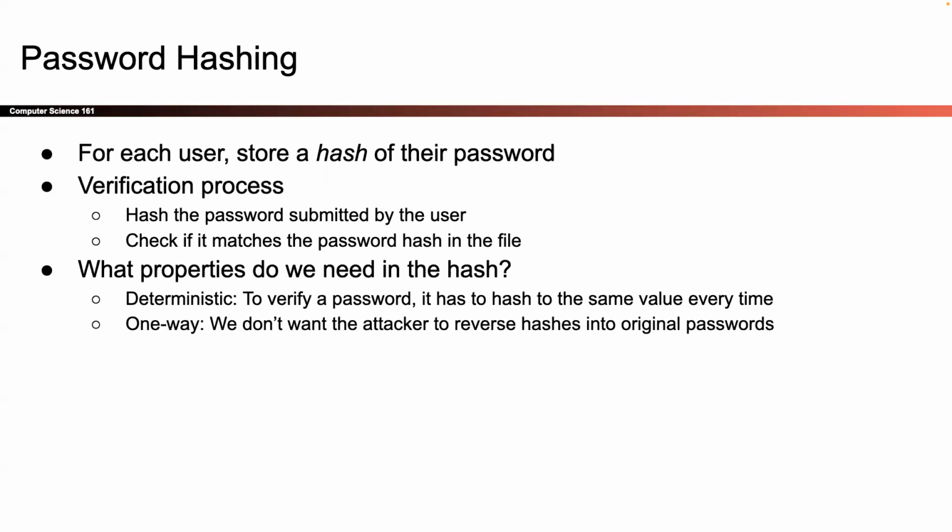What else? Well, hopefully these things are one way. And why do we want them to be one way? Because again, imagine the attacker who hacks into my system. What do they get? They get a whole list of all the users in my system and all of the hashed passwords. I do not want an attacker to be able to know, if I've given them the password hash, what password did I use to generate the hash?